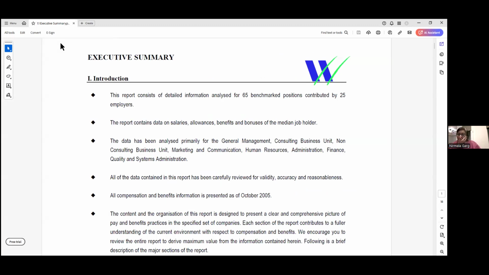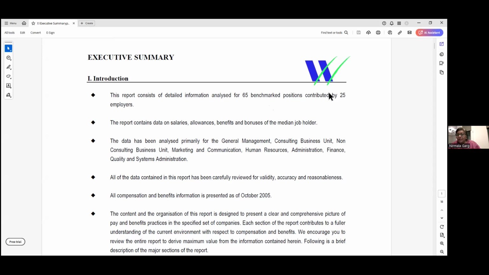So this is a report of Watson Wyatt. Typically, what does it consist of? This company, Watson Wyatt, has done a salary survey of 65 benchmarked positions. And from how many companies have they collected data?